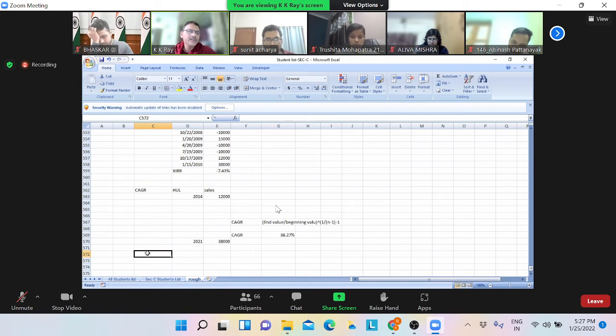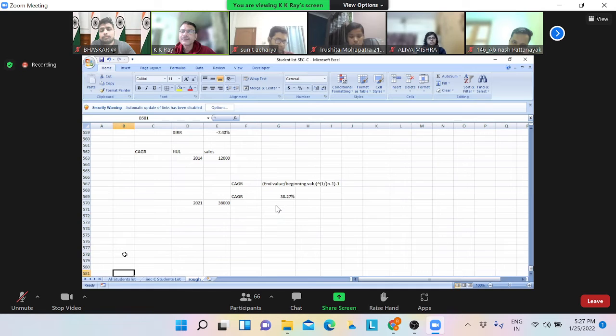Another thing that is used is effective rate of interest. Say for example, there are bank A, bank B, bank C, bank D. Your present value is 10,000 in all cases.